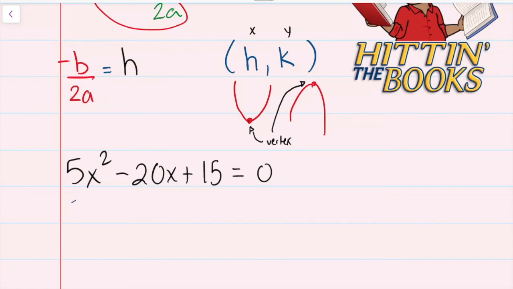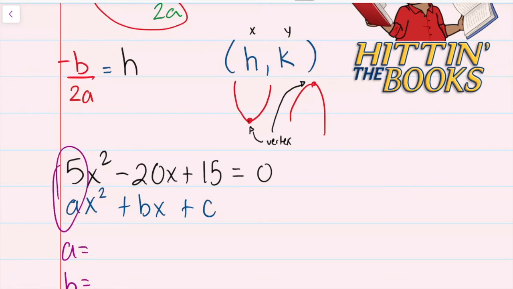If you guys don't remember your standard form, it goes like this: ax squared plus bx plus c. So with that in mind, can you tell me what's my a, my b, and my c? Well, my a is just whatever is in front of it. That's a 5. My b then would be negative 20, and my c would just be positive 15.